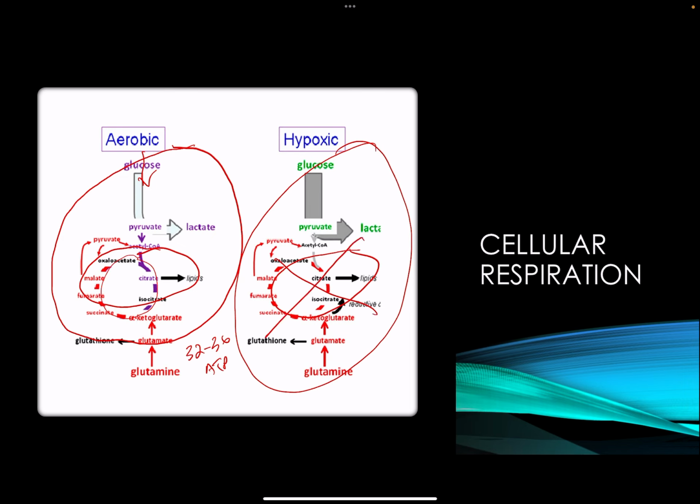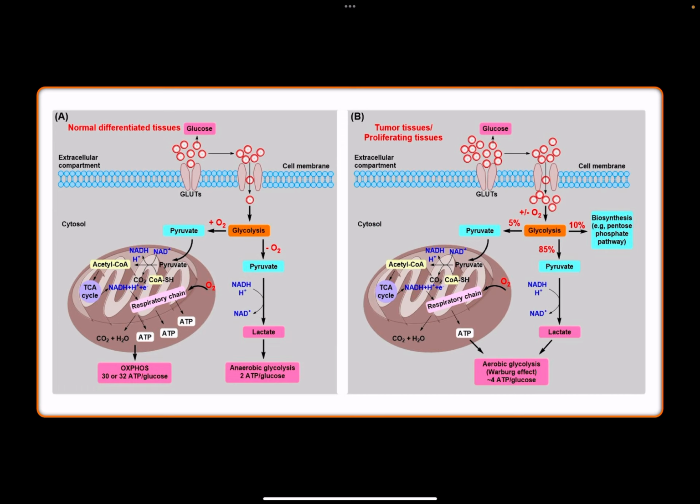So what do we see when we look at a cancer cell? Again, if we first start on the left side for glucose, this is a normal cell in A. Again, cell membrane, and then mitochondria.